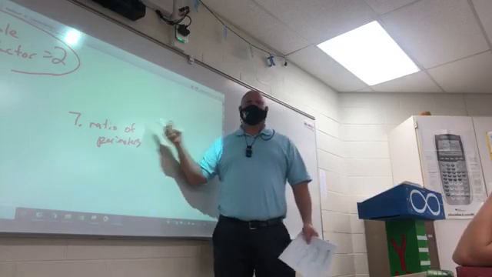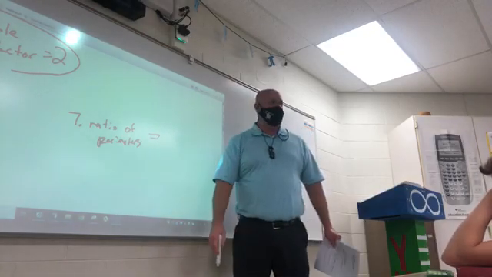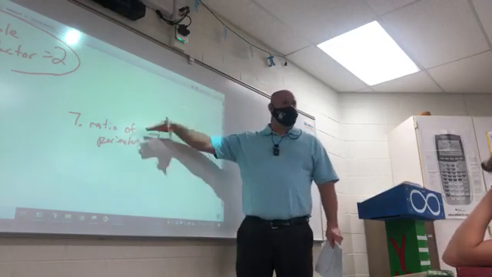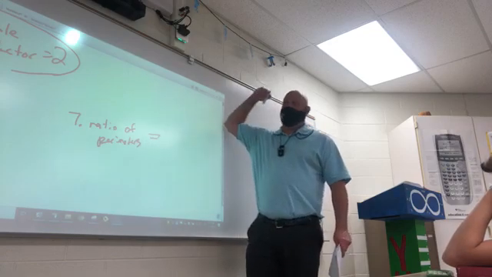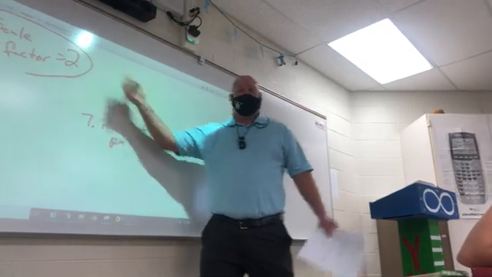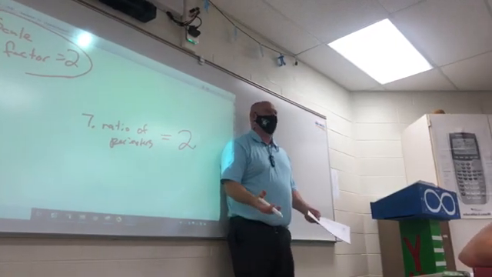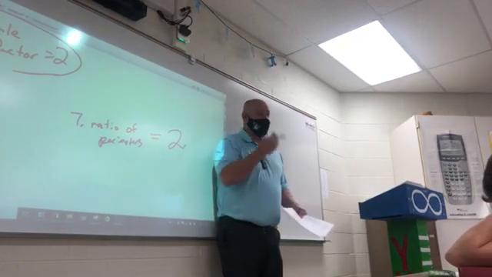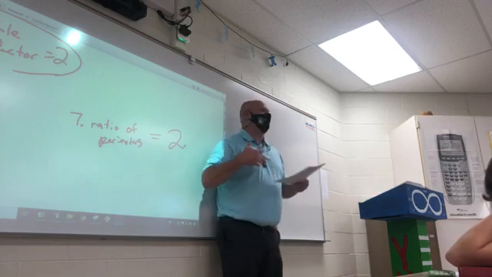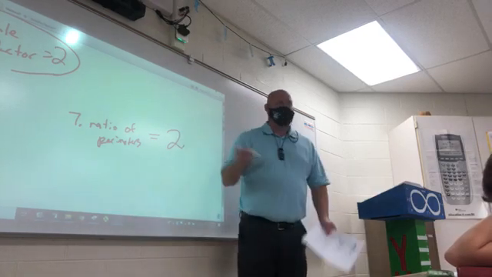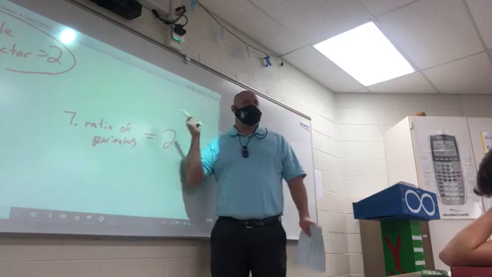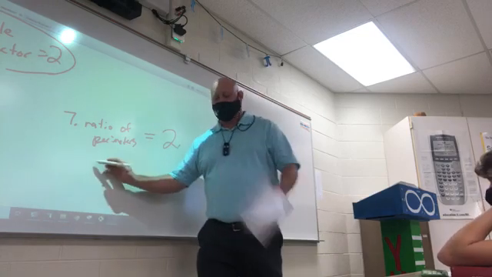What's the ratio of the perimeters going to end up being? The ratio of the perimeters will always be the same as the scale factor. The answer to number 7 is 2. It doesn't matter what the shape is. It doesn't matter what the numbers are. The ratio of the perimeters is always going to be the same as the scale factor.